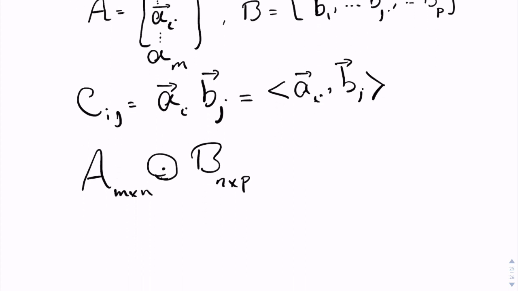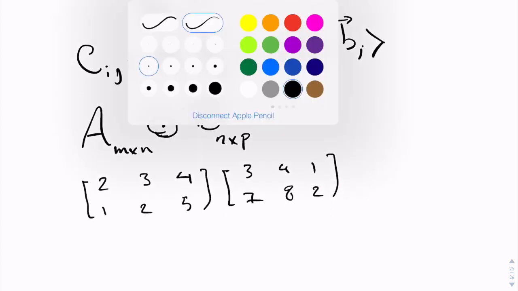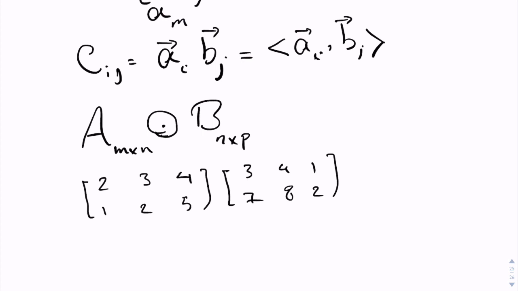Another example, let me just clarify this by an example. Let's say this is a matrix 2, 3, 4, 1, 2, 5, and I have another matrix 3, 4, 1, 7, 8, 2. So I can do the element-wise multiplication for these 2 by 3 matrices. That means I can multiply element by element.